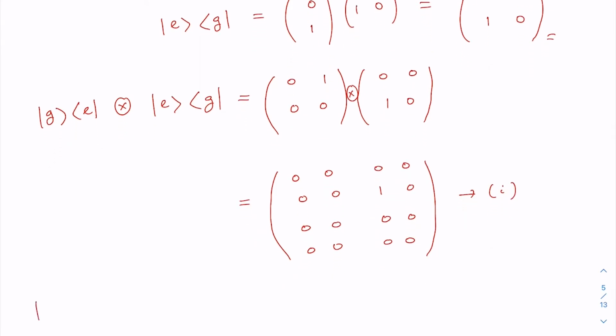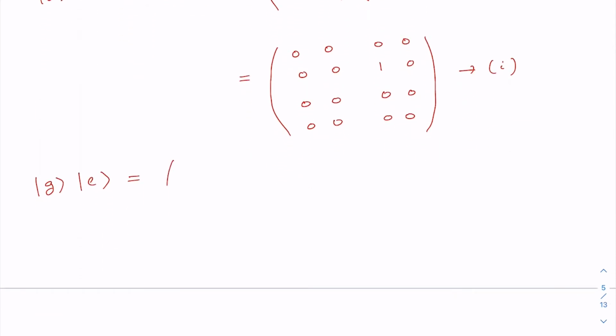Now we have ket 0 ket 1. Ket 0 ket 1 would be, ket 0 is 1 0, ket 1 is 0 1. So its tensor product would be 0 1 0 0.